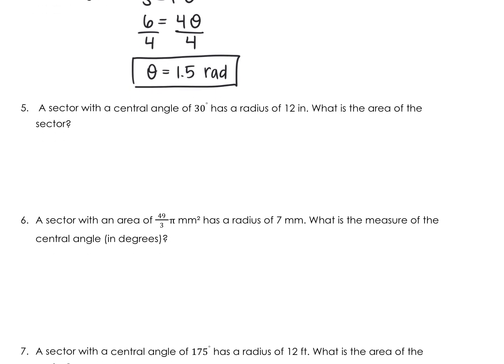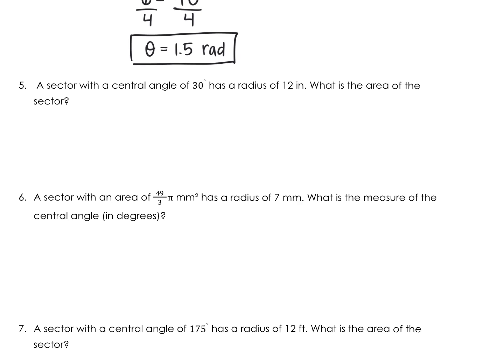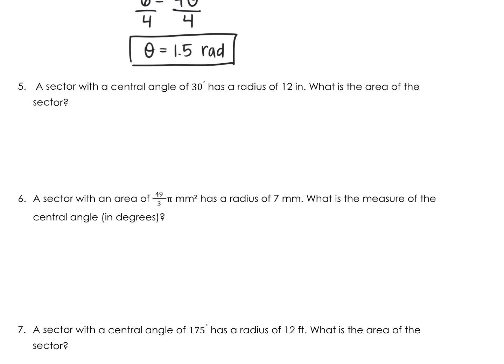So let's talk about area of a sector. We have a sector with a central angle of 30 degrees and it has a radius of 12 inches. What is the area of that sector? So for the formula, I'm going to take my theta, which is 30 degrees, over 360 times pi times the radius 12 squared.